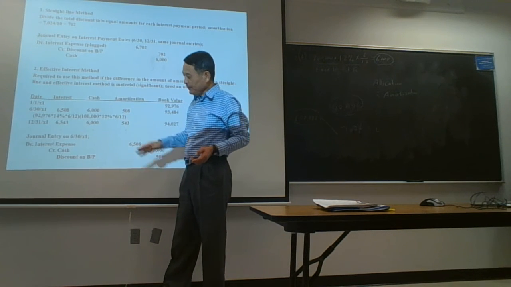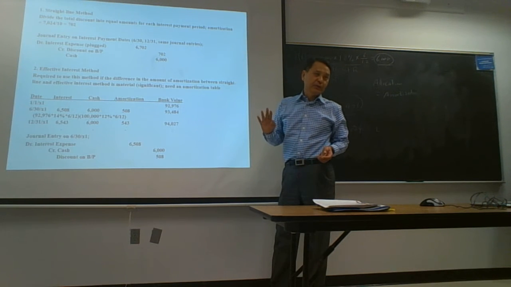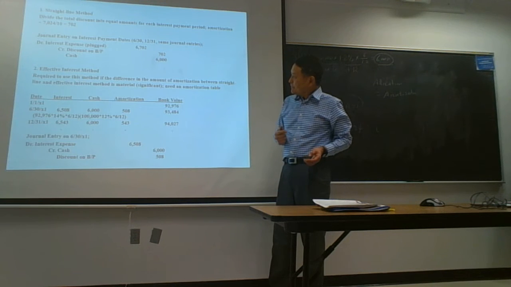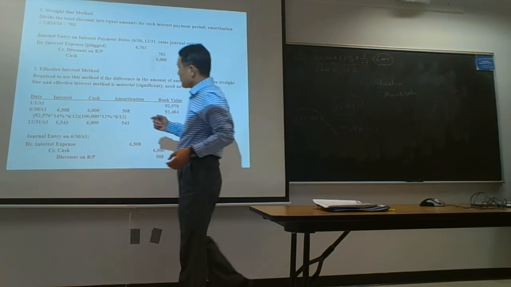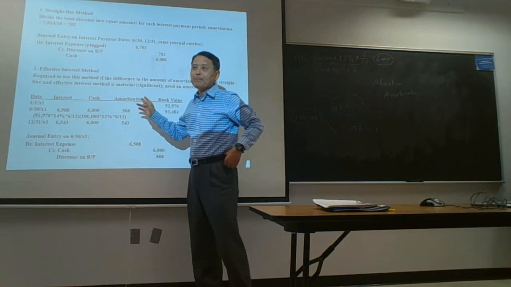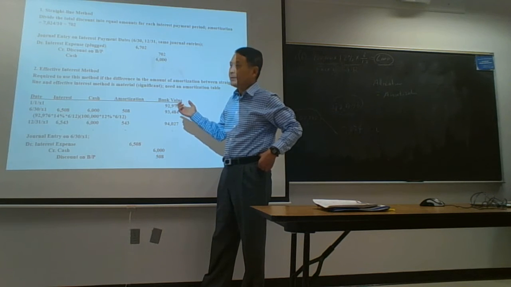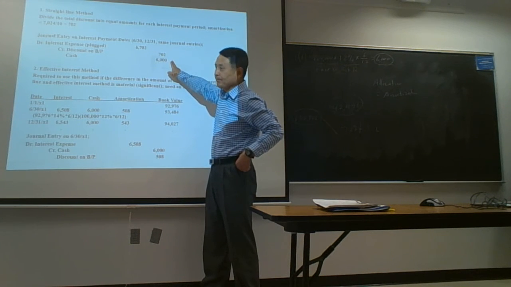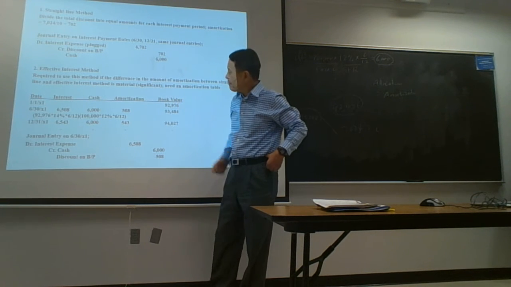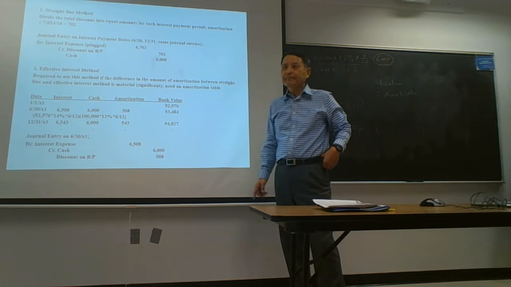This table format is slightly different from the table format in your textbook, but essentially the same thing. The difference between interest expense and cash payment is the amortization, and under straight line the amortization is always the same. Any questions?